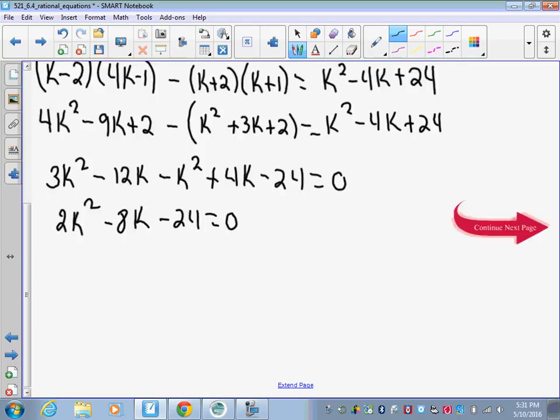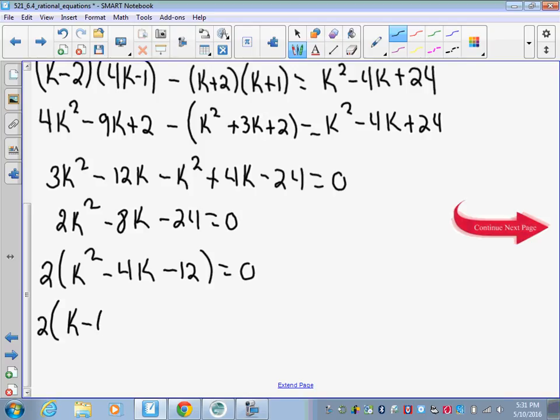I can pull out a common factor here of 2. K squared minus 4K minus 12 equals 0. And now we should be able to factor. If not, we'll use the quadratic. But what multiplies to give me negative 12 and adds to give negative 4? That works.